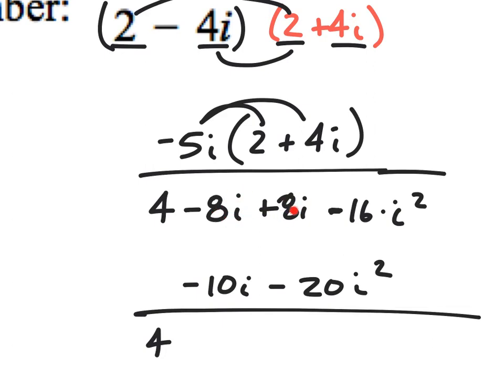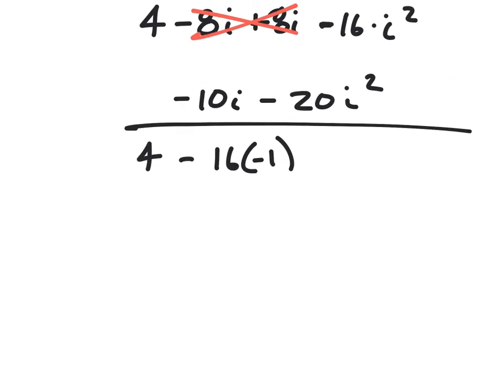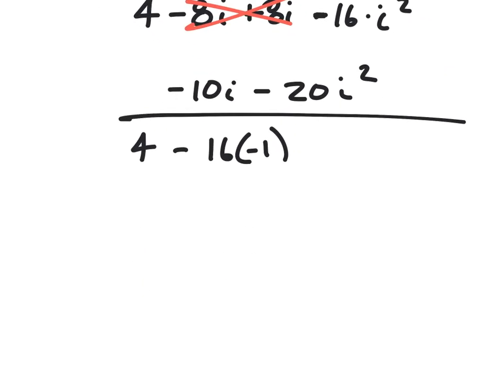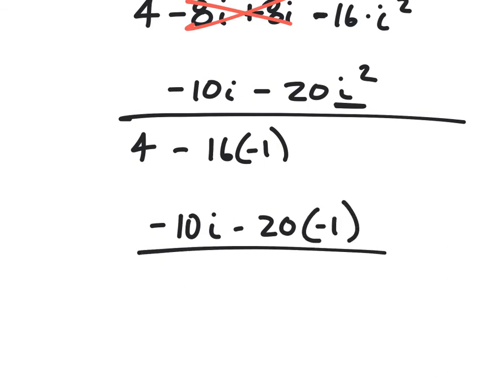Negative 8i plus 8i adds to 0. So what I get is minus 16 times negative 1. Now the numerator: i squared is negative 1, so I get 10i minus 20 times negative 1, and we're going to divide that by 4 minus negative 16.